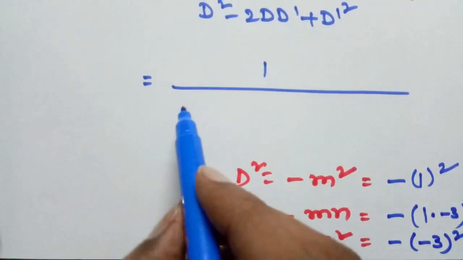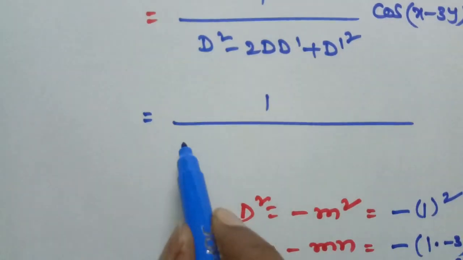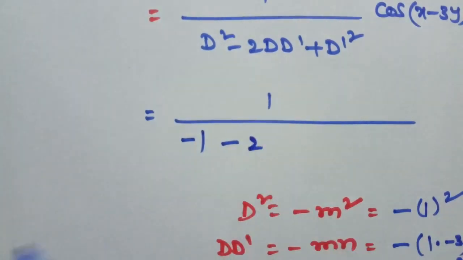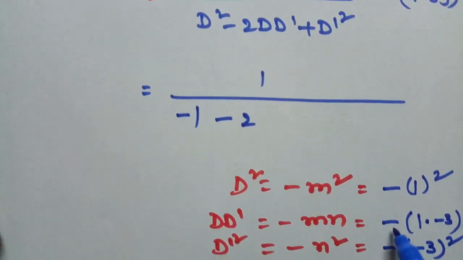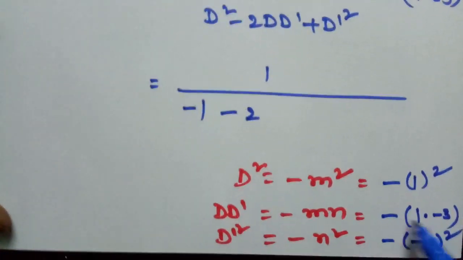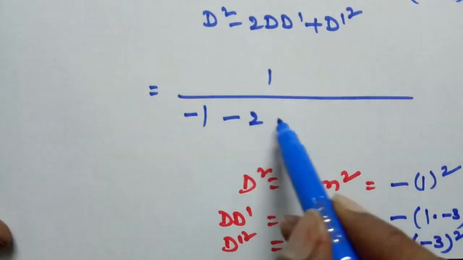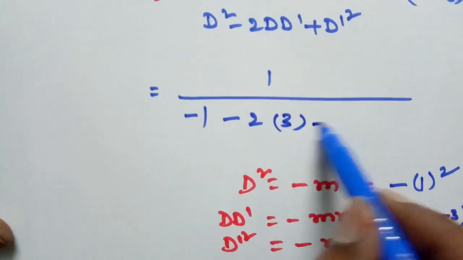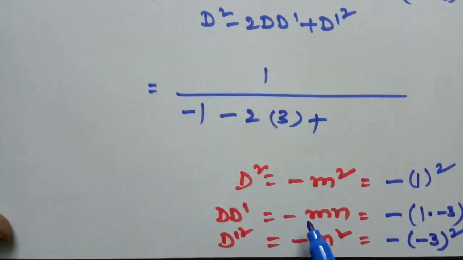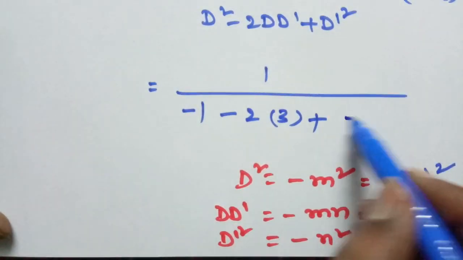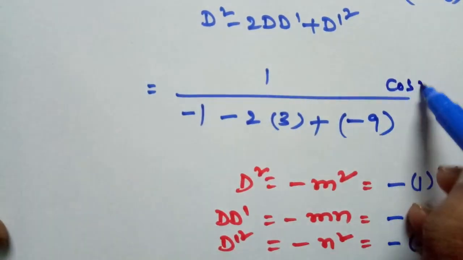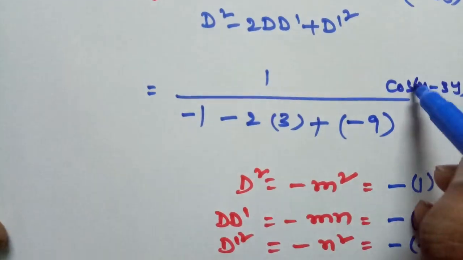Therefore, this can be written as D square minus 1, minus 2 into D D dash value minus 2 into minus 3, plus D dash square, that is minus 9, into cos of x minus 3y.